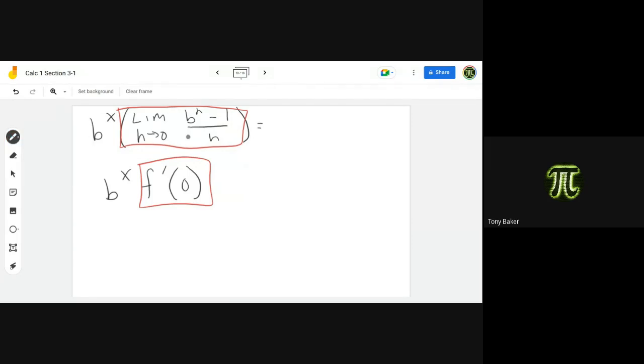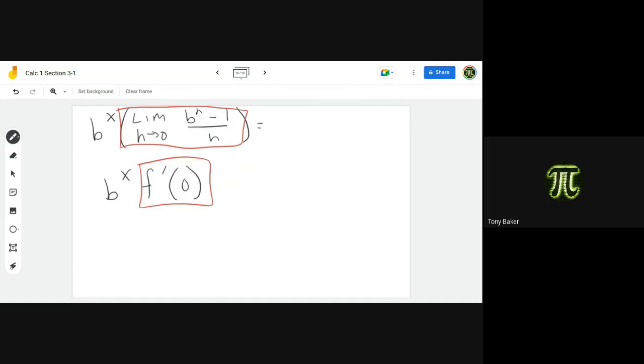Can I do that limit? No, because if I plug in 0, b to the 0 is 1, so it's 0 over 0. So the only way to look at this is to look at it numerically, because there's no way to simplify that one down.